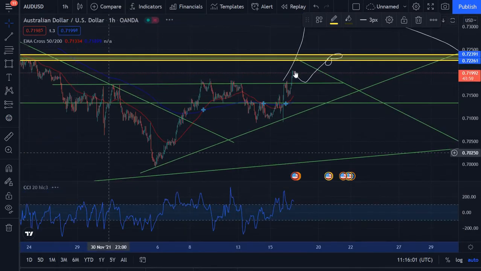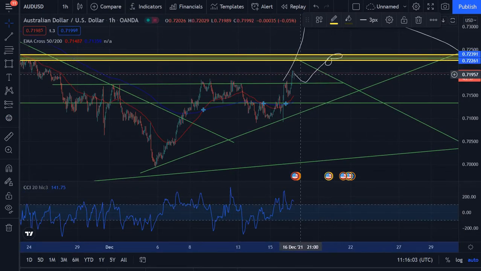So this is what the target will be here, since we saw this breakout for now.